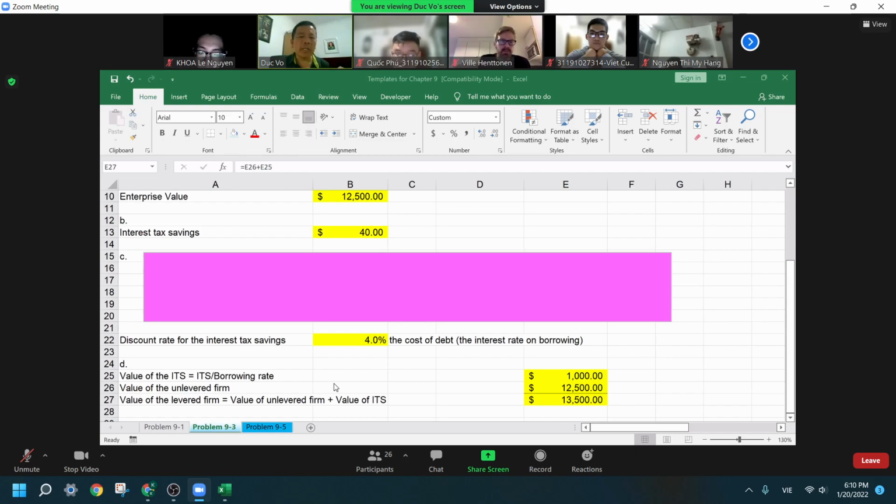Actually, it should be the same for all countries, because in any country the company needs to pay tax, and when you borrow money, you need to pay interest. The interest expense you pay for your borrowing will become tax deductible. So the interest tax saving applies to all the countries around us, no exception. Okay, thank you.